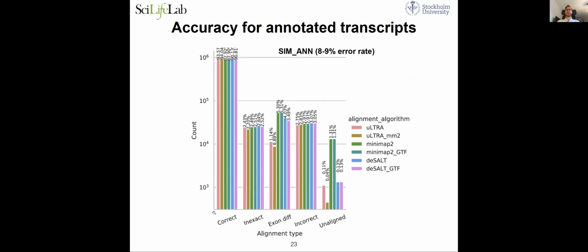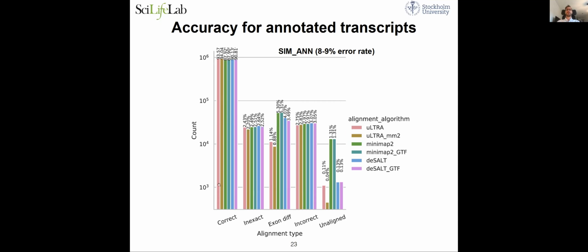We classify an alignment as correct if the aligner aligns to all of the exons present in the read with at most 15 nucleotides difference in the offset of splicing sites, meaning that we allow some wiggle room due to read deletions, etc. We also looked at more stringent modes, so details are in the paper.